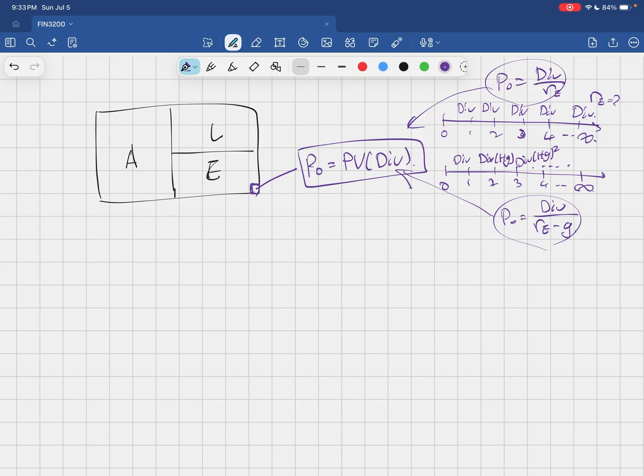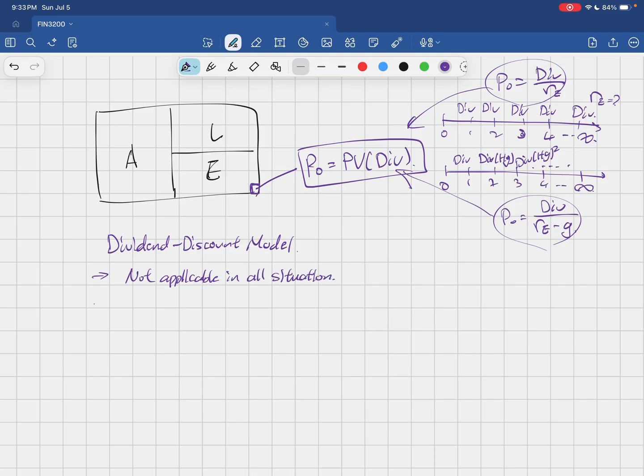As I said, the dividend discount model is a good model. It's reasonable, but it's not applicable in all situations. It's still a good model.